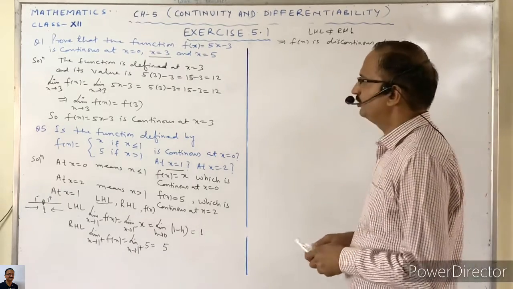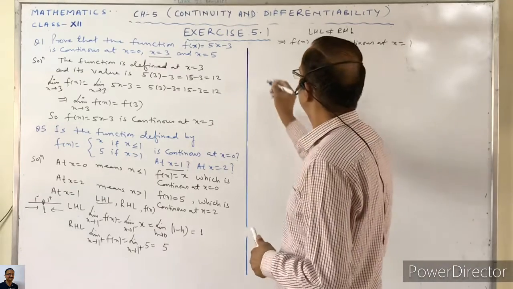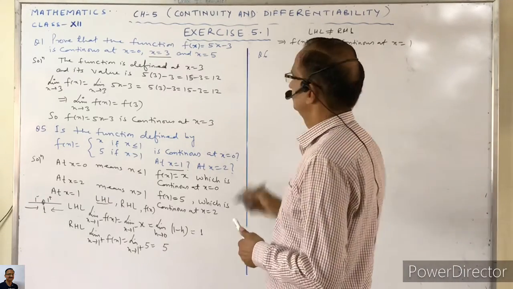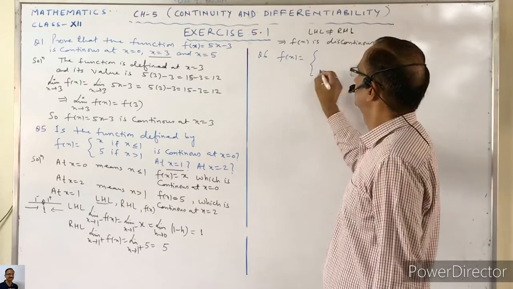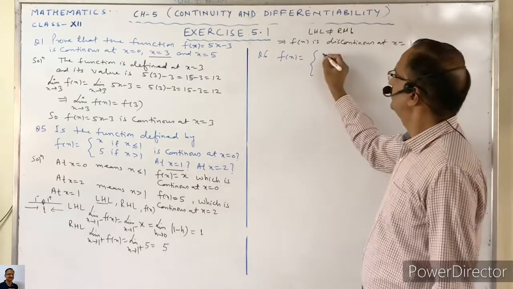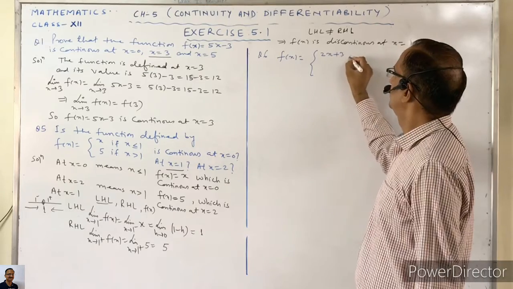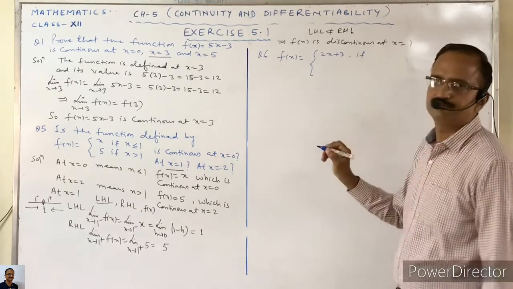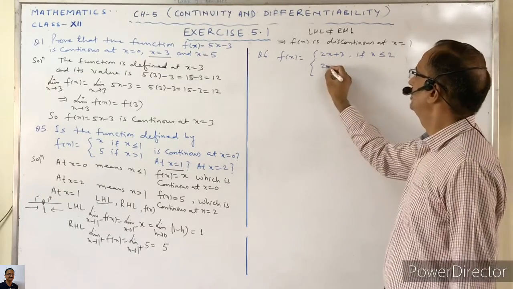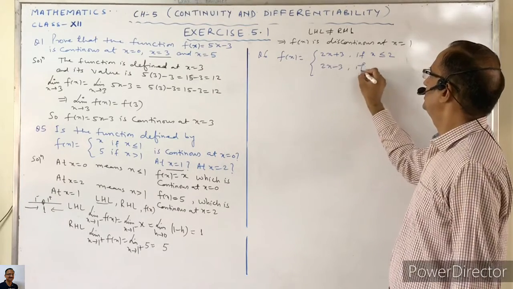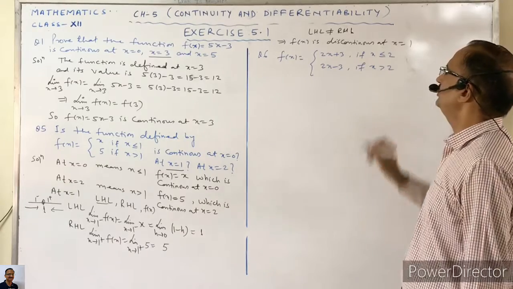Now come to question number 6. This is the function 2x plus 3 if x is less than or equal to 2, and 2x minus 3 if x is greater than 2.